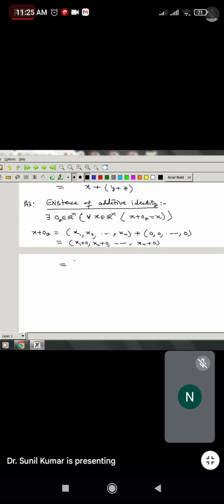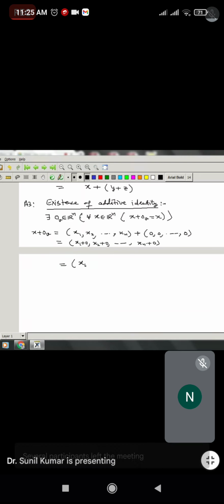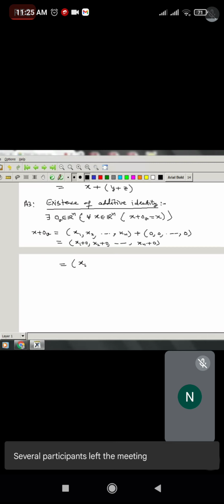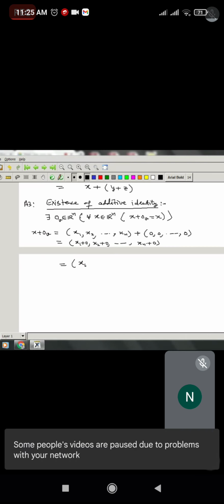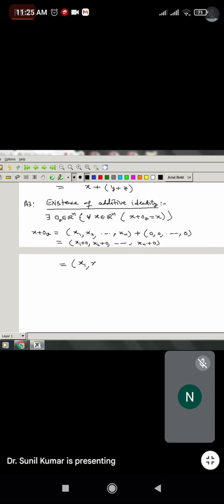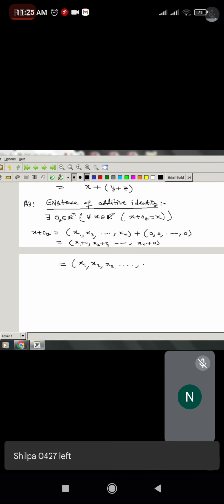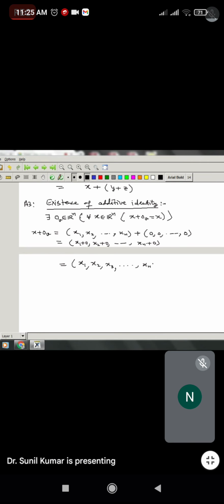And this is x1, because 0 is the additive identity of real numbers. So we get x1, x2, x3 and so on up to xn. And this is x. So x plus 0v equal to x.